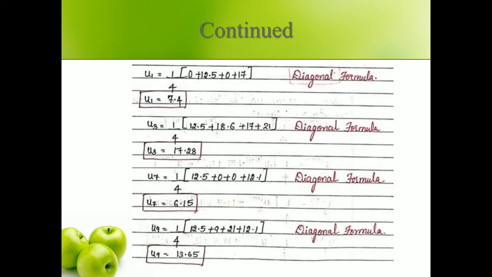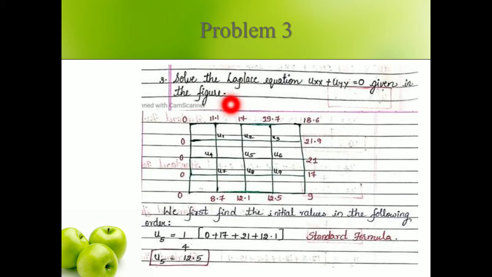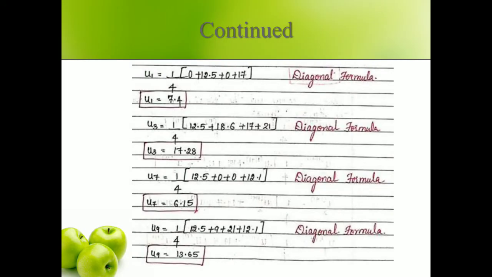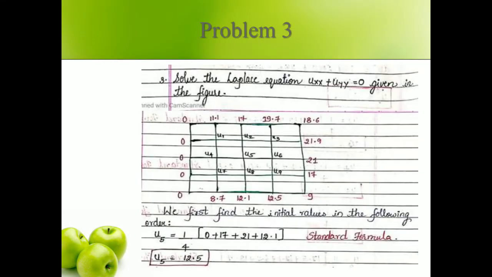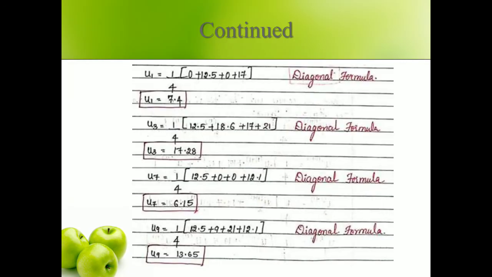Next you have to find the u1 value using diagonal elements: 0, the u5 value, 17, and 0 again. So you will get the u1 value. For u3, again go for the diagonal elements: 18.6, the u5 value, then 17, then 21.